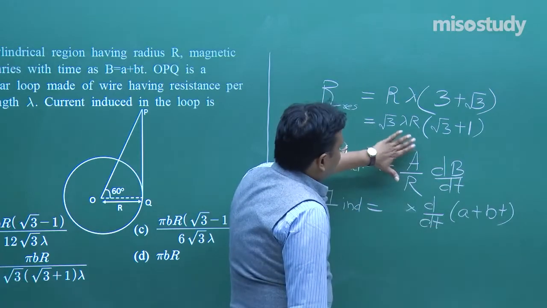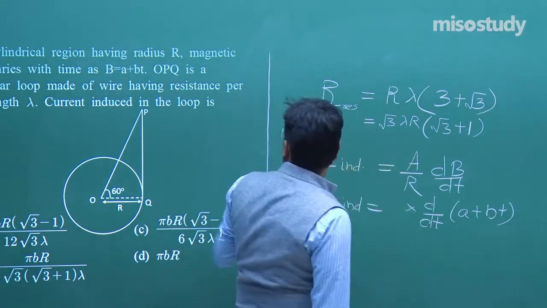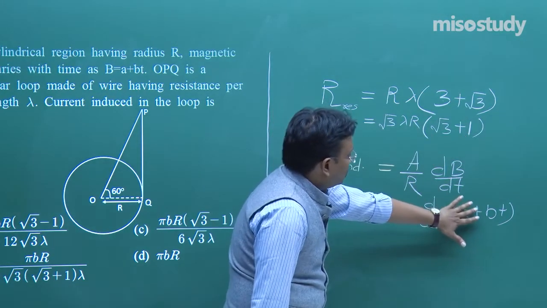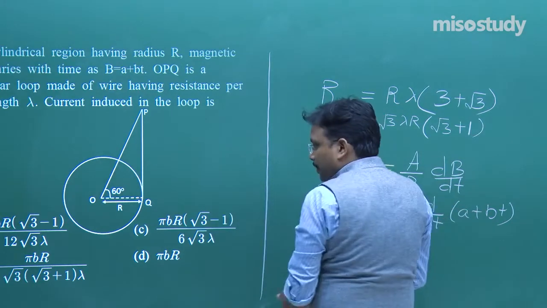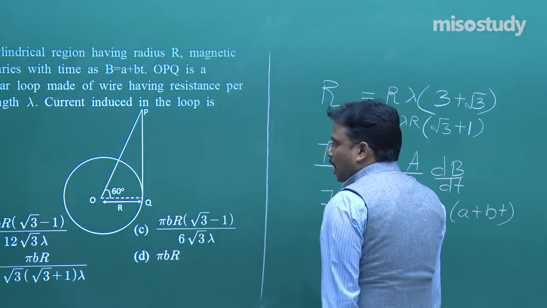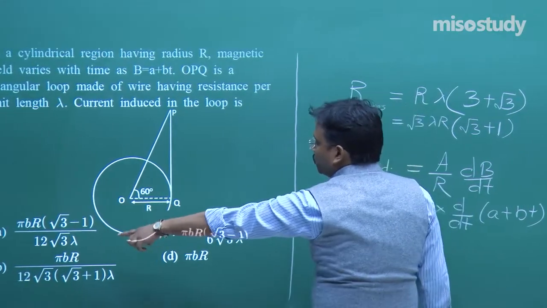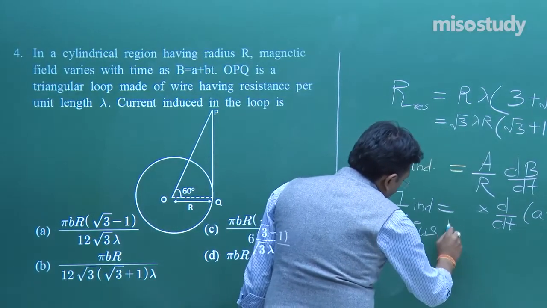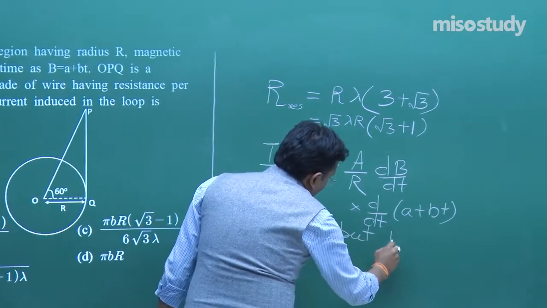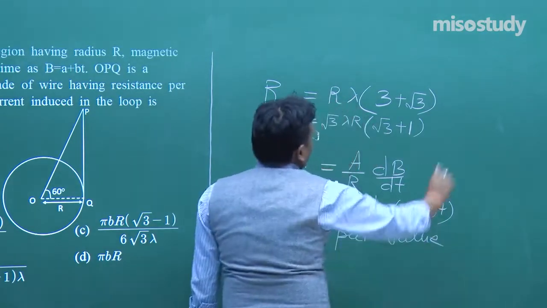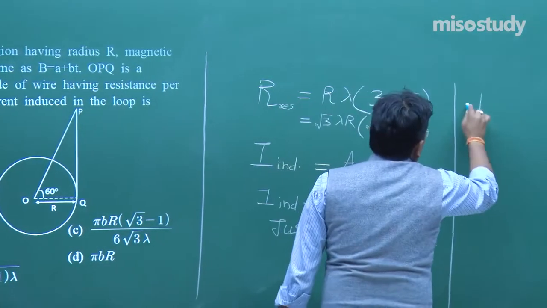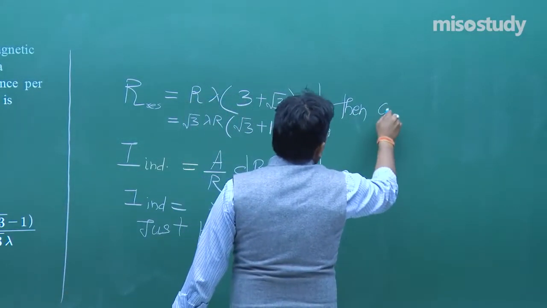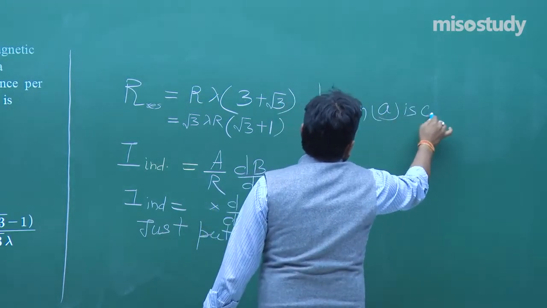So ultimately this value already I explained, A is the area, this triangular formula, resistance value I mentioned in front of you, and then differentiation of this term. So ultimately you will get it as pi b r root 3 minus 1 upon 12 root 3 lambda. Just put the values and get the correct answer, fine. Then this A is the correct option. A is the correct option.